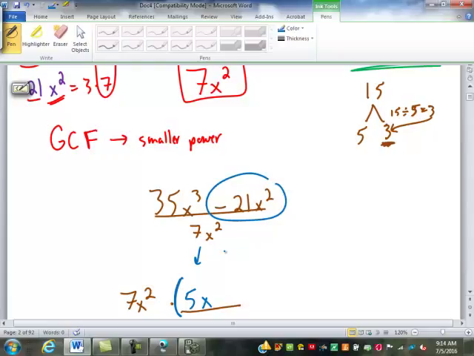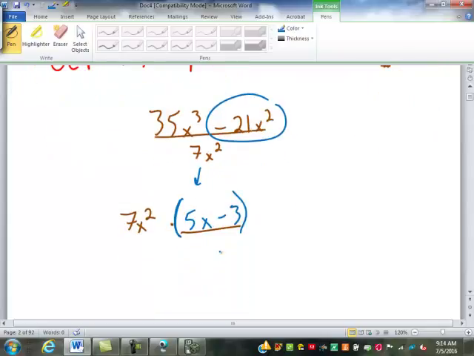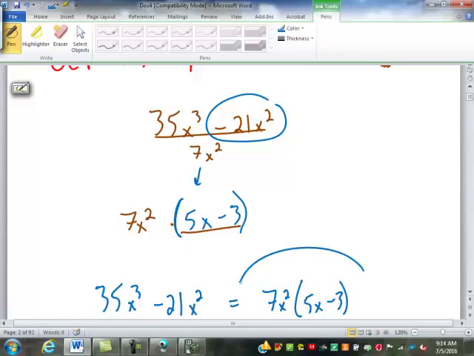Negative 21 divided by 7 is negative 3. X squared divided by x squared cancels out, so it's not there. So the factoring of 35x to the third minus 21x squared is 7x squared times 5x minus 3.